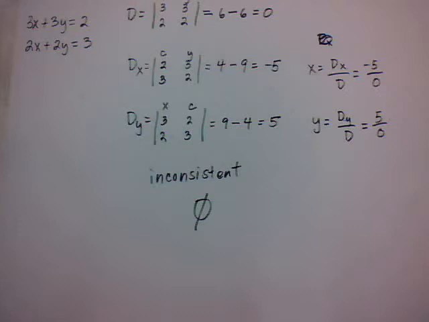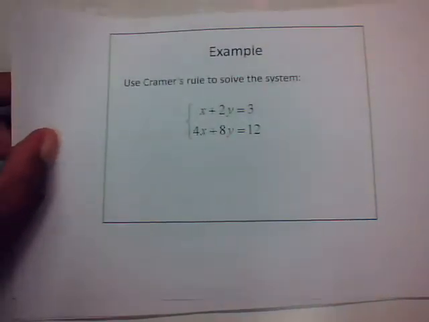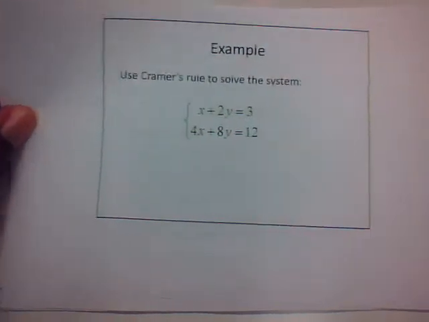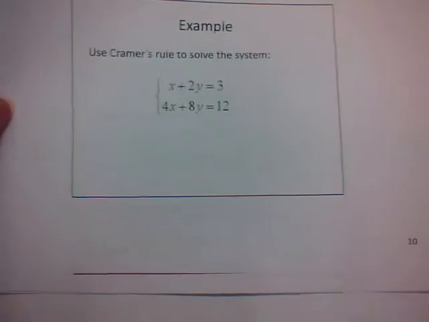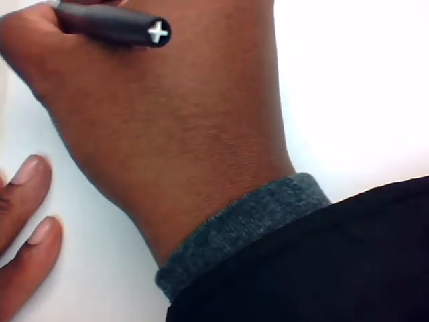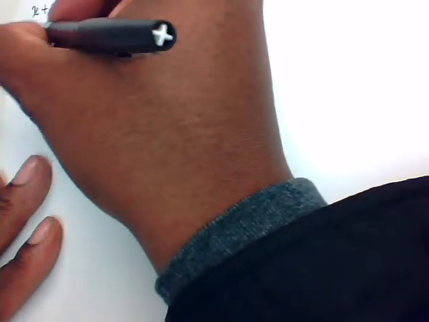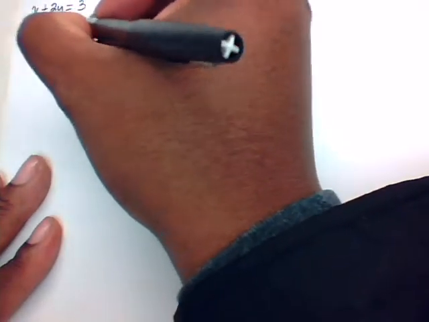Okay, now let's take a look at this next example. Here we've got x plus 2y is equal to 3, and 4x plus 8y is equal to 12. And let's say we want to solve this one using Cramer's rule. So in this case, we have x plus 2y is equal to 3, 4x plus 8y is equal to 12.